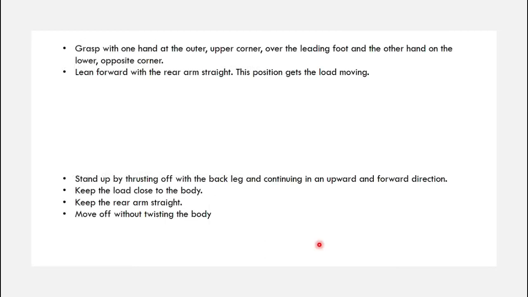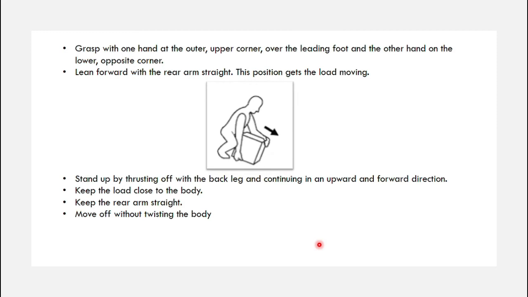Next. Grabs with one hand at the outer upper corner over the leading foot and other hand on the lower opposite corner. Yan, ganyan. Ito sa may pinapakita sa may picture. Lean forward with the rear arm.